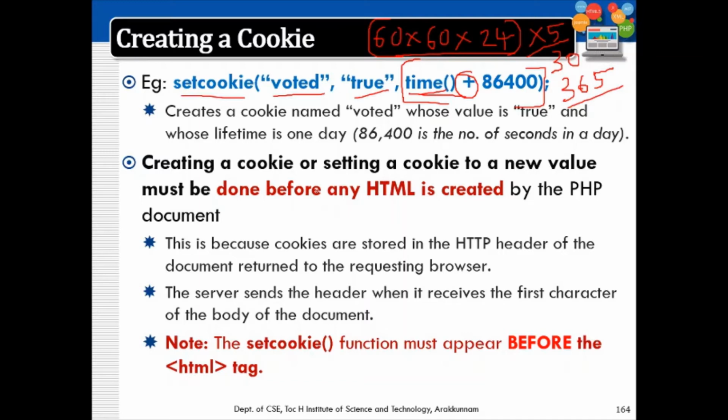The body is nothing but the data starting with the first HTML tag. So whenever your web page reaches your first HTML tag, that will be taken as the HTTP body part. So you want to send the cookie data before that. So always the cookie creation should be done before your first HTML tag. The setcookie function must appear before the HTML tag. This is the reason for that.